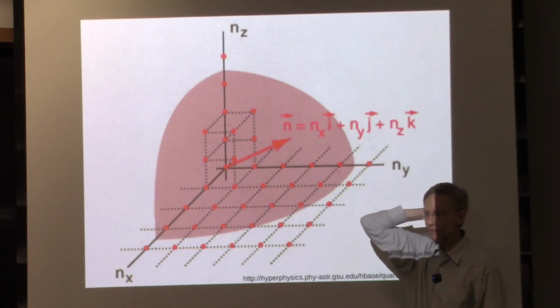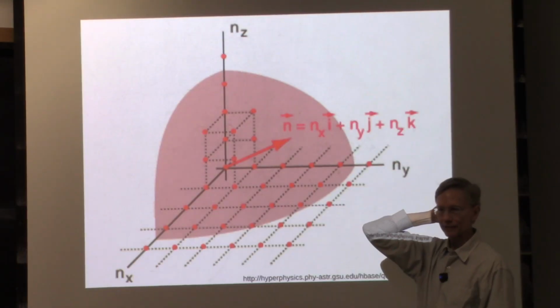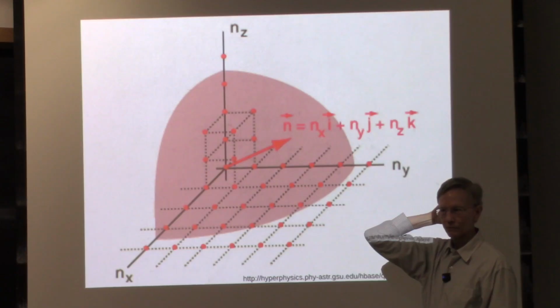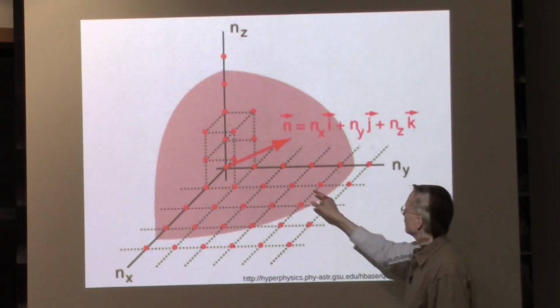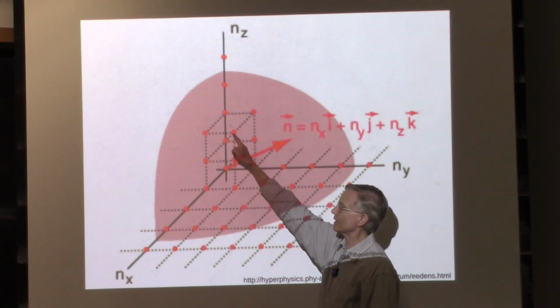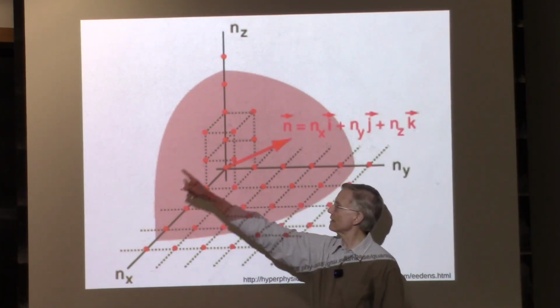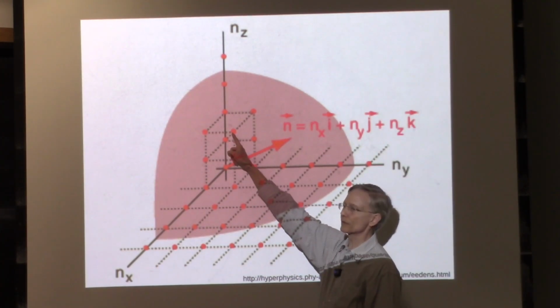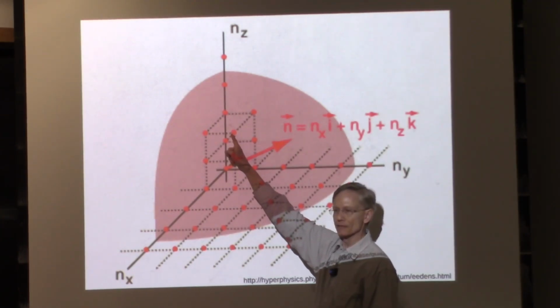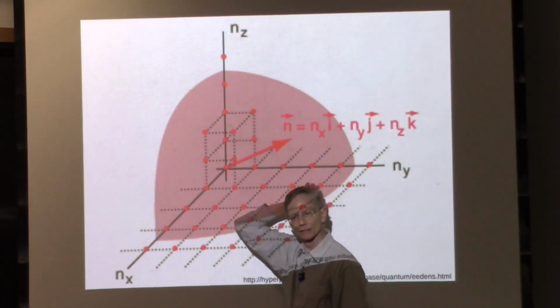Questions, comments, observations? This is absolutely crucial to understand, to visualize what we're doing here. Every dot, like this one right here, is identifiable with the wave function that has those 3 values, n sub x, n sub y, and n sub z. They're the components of that point in n space. Okay?